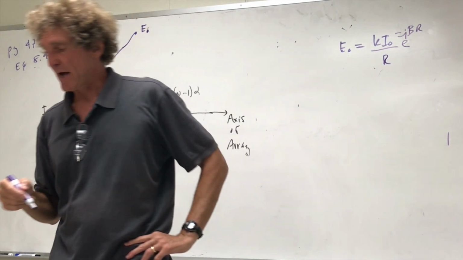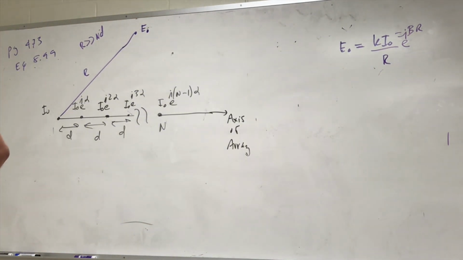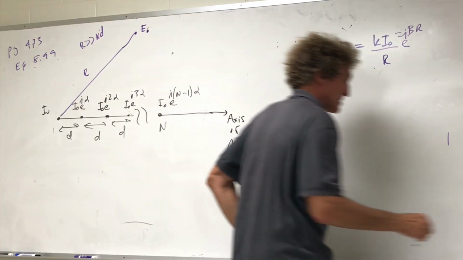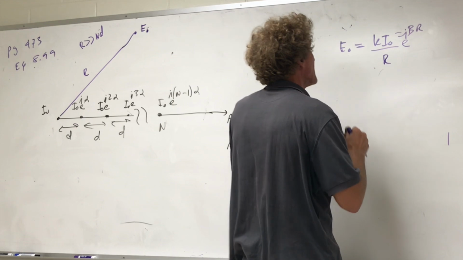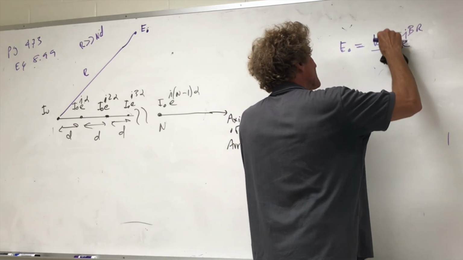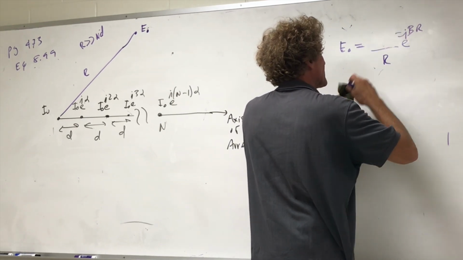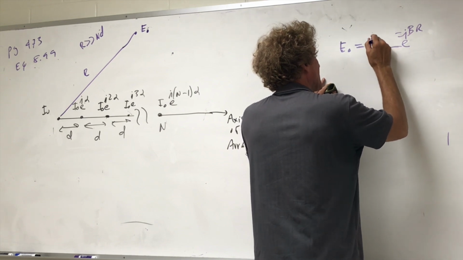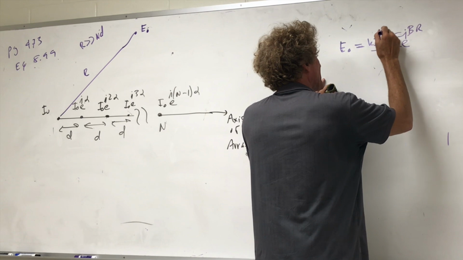It's only a magnitude thing, the magnitude of current. I might as well put the phase of the current there too, because it will enter in. So it's an arbitrary constant K, and I can put down I naught e to the j alpha.